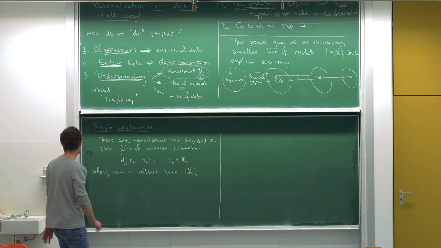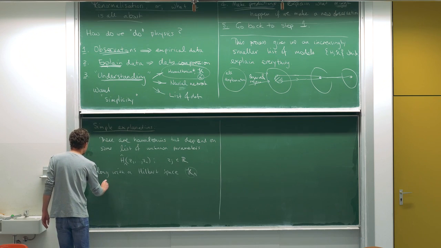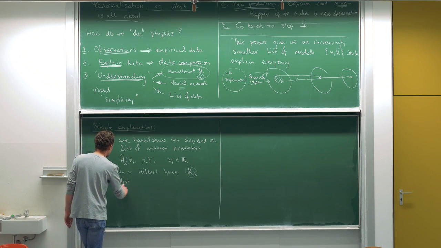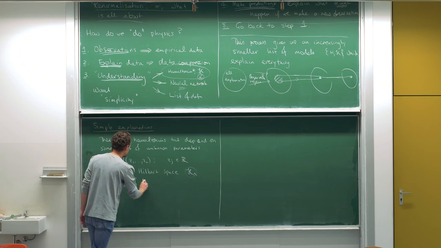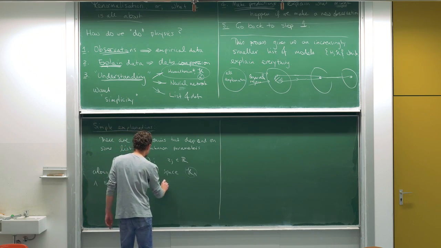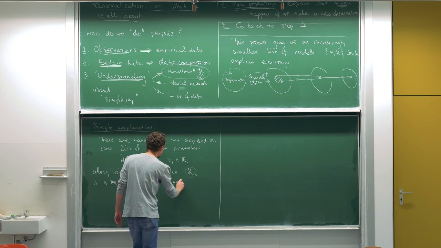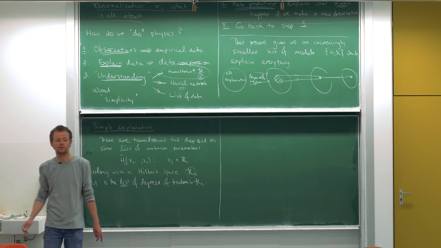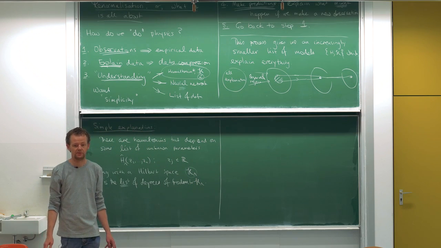And so lambda here, what is lambda? Lambda is just the list of the degrees of freedom that our explanation pertains to.